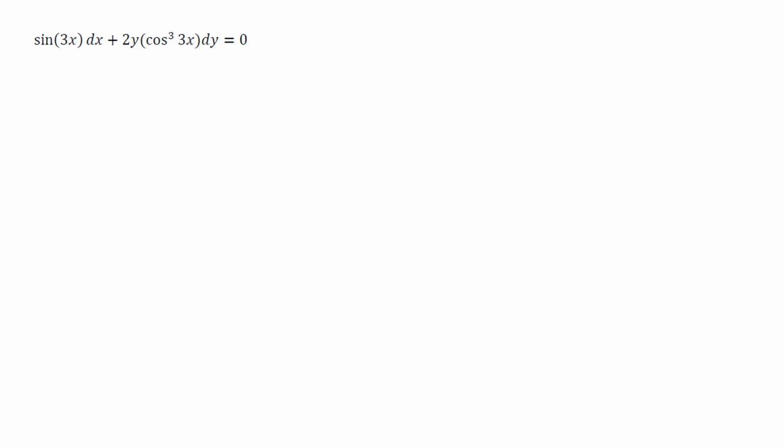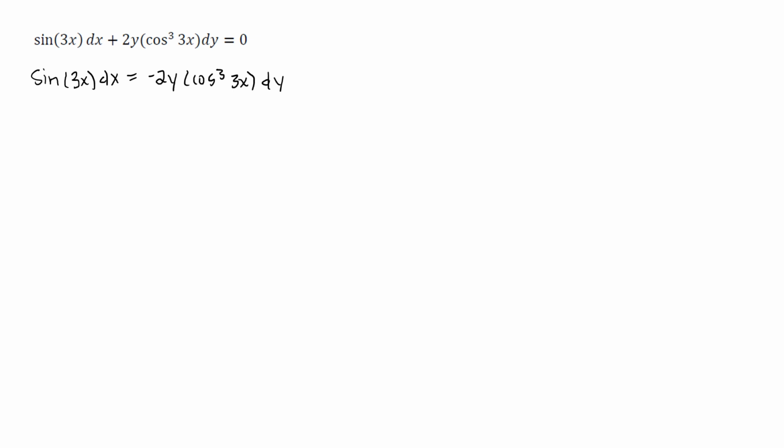So I'm going to move my second term to the right side. Okay, and then I need to get one variable contained on one side and the other variable contained on the other side. So I'm going to move all my x to my left and my y to my right.